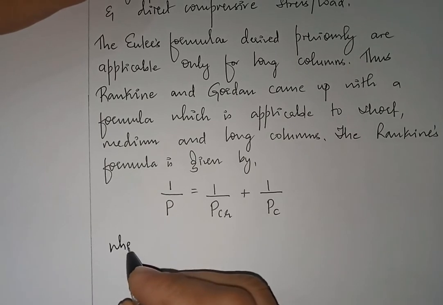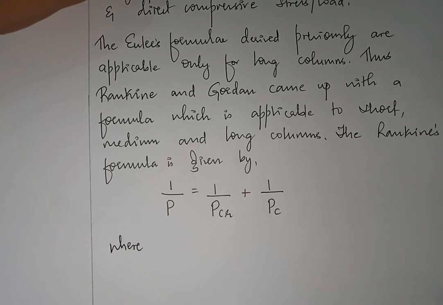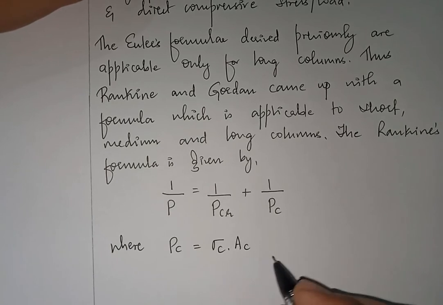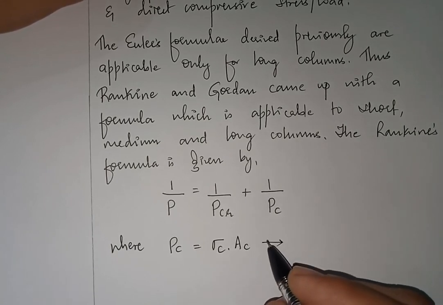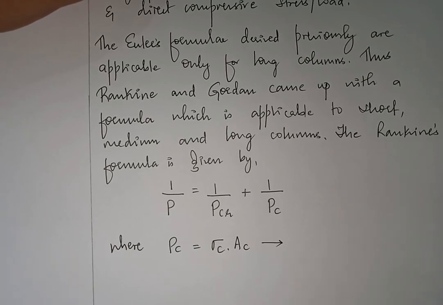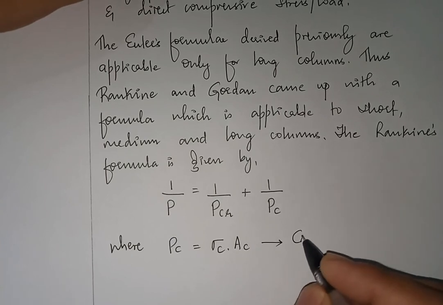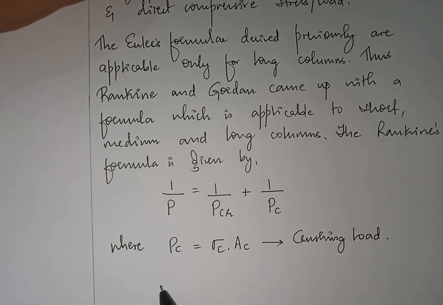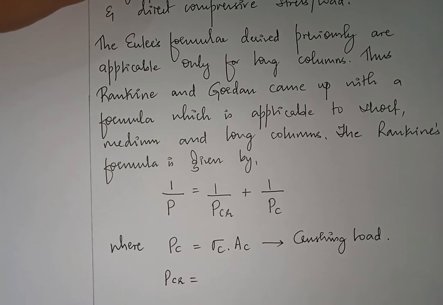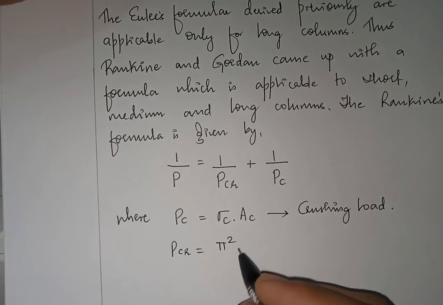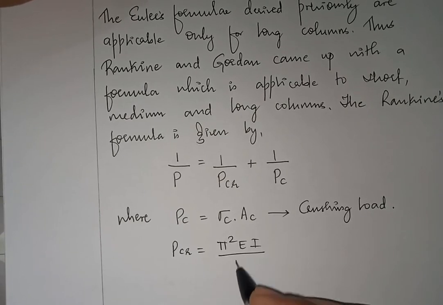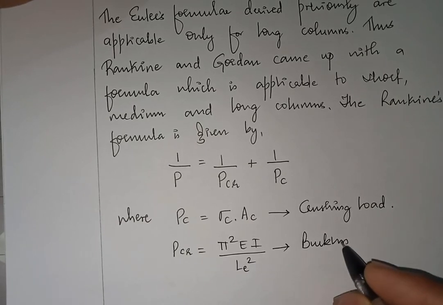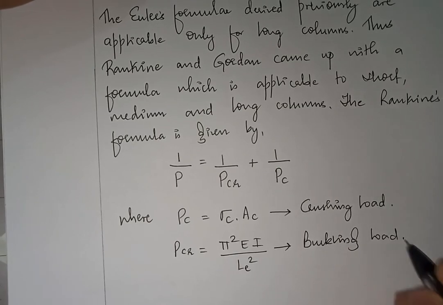Where PC is given by sigma C into AC, and it is called the crushing load, and PCR is given by pi square EI divided by Le square, and this is the buckling load.